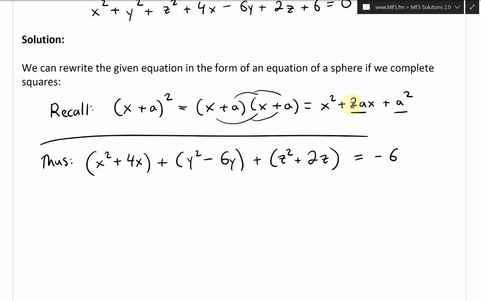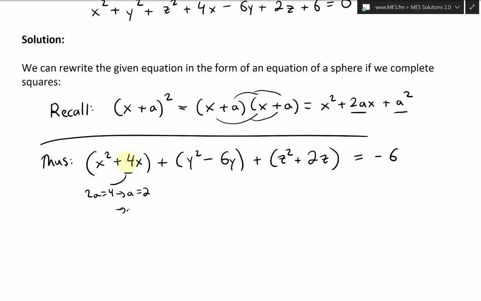Now, completing the square: there's a 2a there, so all of these have a 2ax, but we need to add a squared. In this case, 2a equals 4, so a is equal to 2, and a squared is equal to 4.